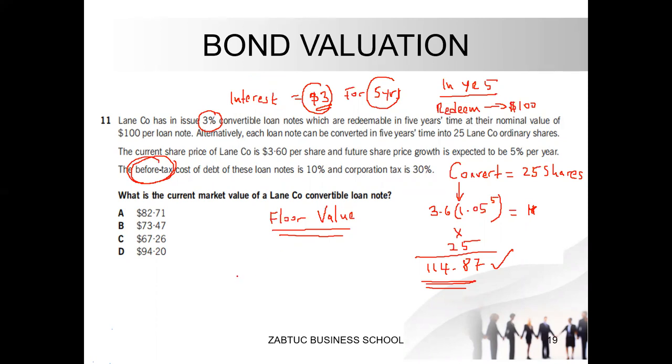So if the bond is irredeemable, the market value of the debt is: you take the interest, then you divide by your pre-tax cost of debt.